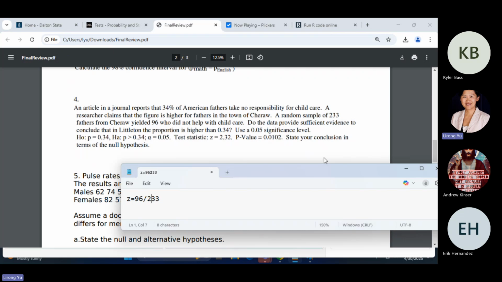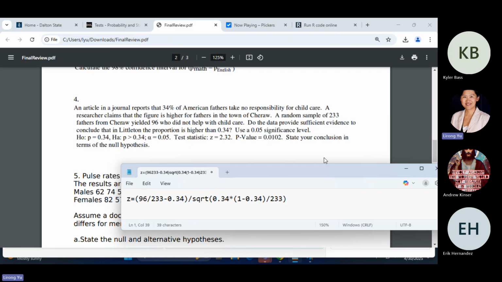That's the point estimate for the proportion. We're going to subtract the proportion in question in the hypothesis, P hat minus P0, divided by the square root of the proportion of success in the null hypothesis multiplied by 1 minus 0.34, divided by the sample size. The sample size is actually 233.